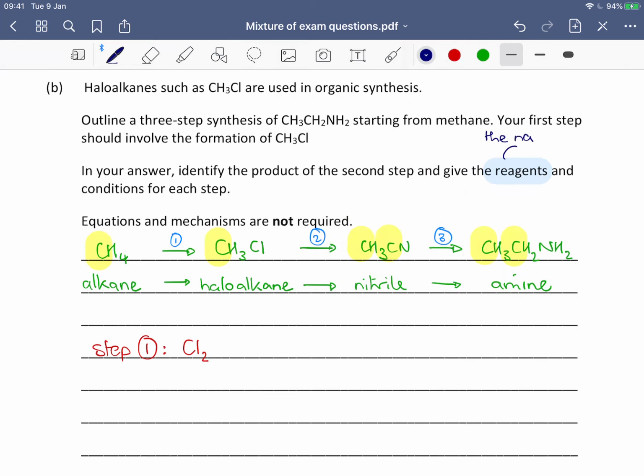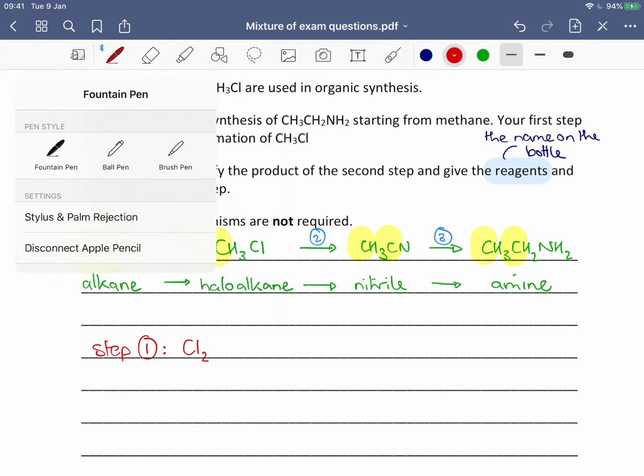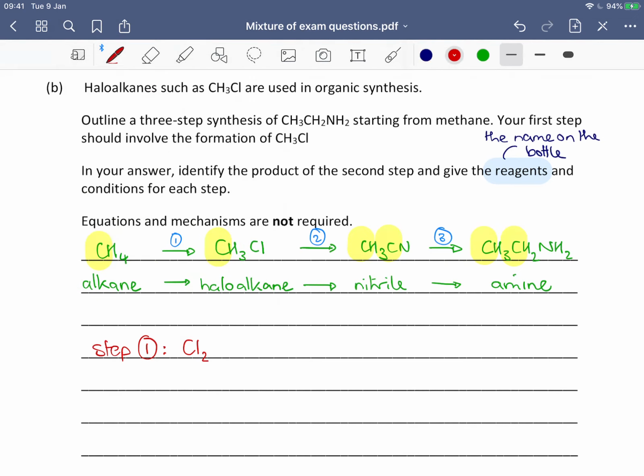So it's the full chemical name. All right. And then for free radical substitution, the condition, so going right back to the beginning, is you need UV light. Okay. All right, that's good. That's probably 2 marks.